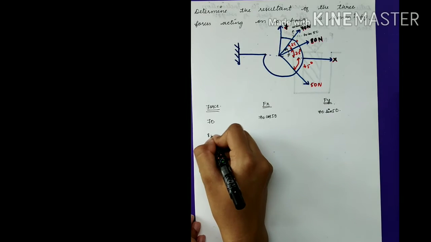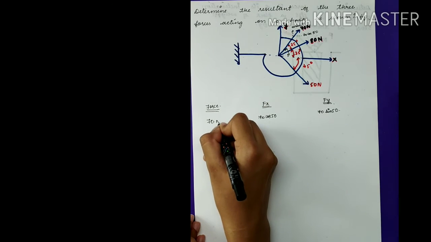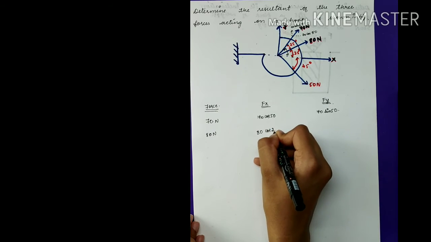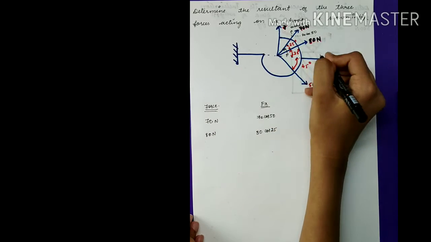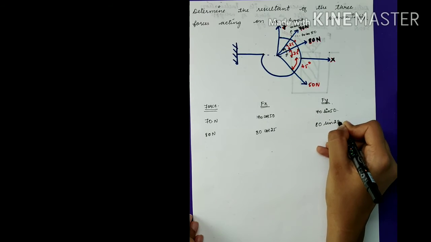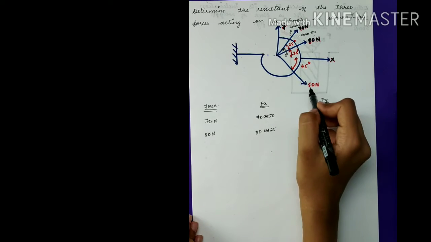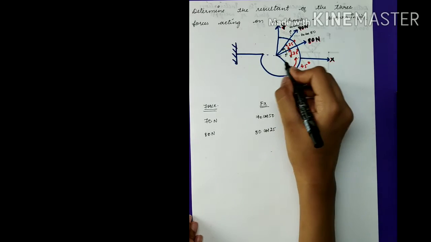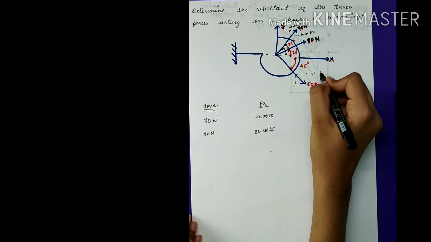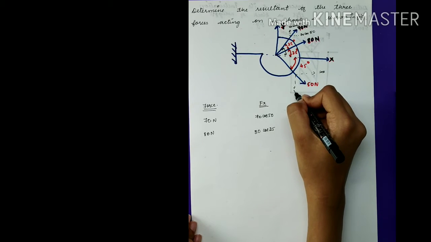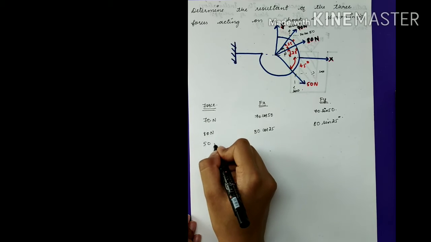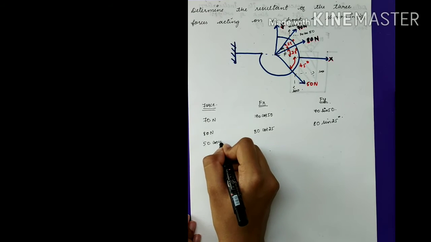Next, for the 80 Newton force, we'll have 80 cos 25 and 80 sin 25. Next, for this force, if you resolve it, this will be your cos component and this will be your sin component. Next we have 50 cos 45.